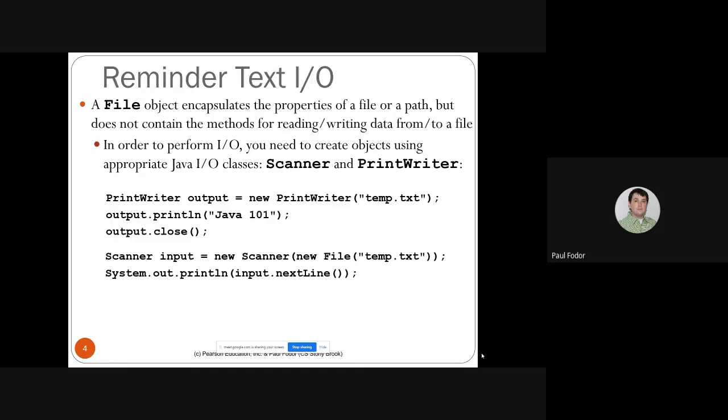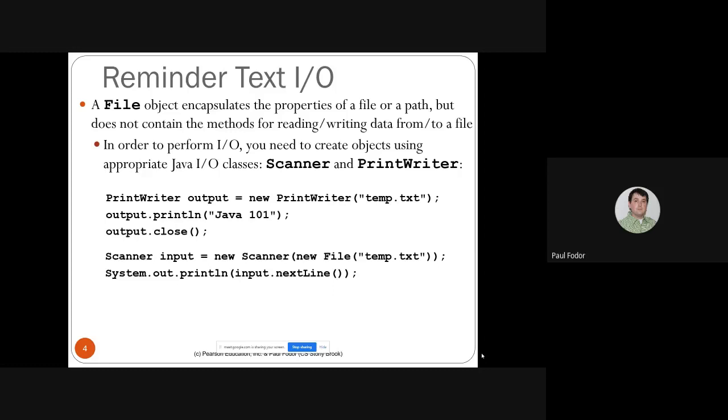Now, for text input output, we remember that if we want to read and write a file, we can create a file object, java.io.File, which encapsulates all the properties of a file: whether it's readable or writable, whether it exists in the file system, whether it's a folder or a normal file. To perform input-output, we need to create objects with the appropriate Java classes, a scanner for reading from the file and a print writer for writing.